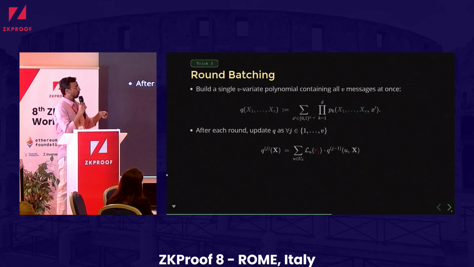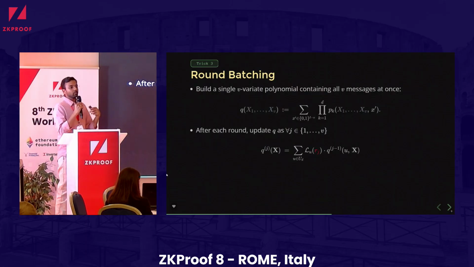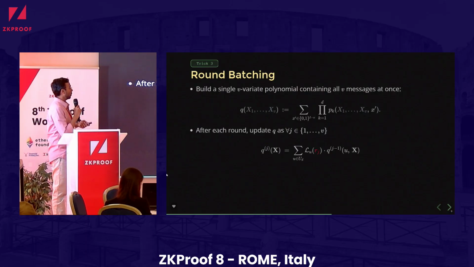So after each round, we bind the Q polynomial, but now the advantage is we are doing far fewer big multiplications, and I'll show how much.